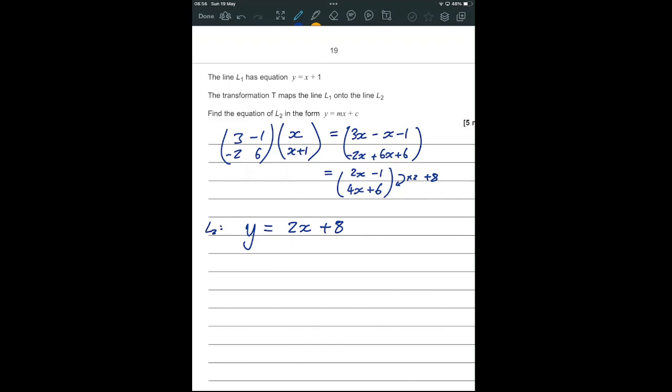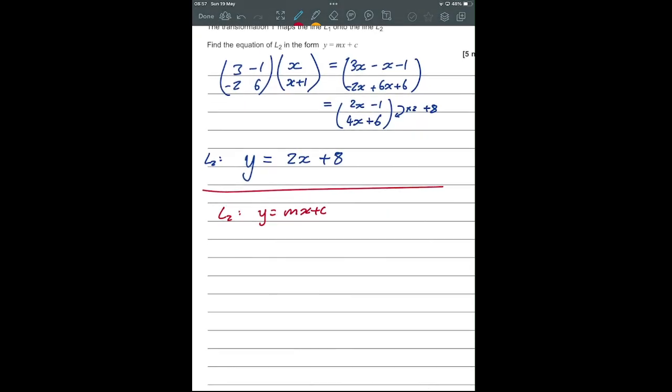Now that might seem a bit magical, and certainly for 5 marks I seem to have already got the answer. If you wanted to be a little bit more rigorous with this, you can call L2 y equals mx plus c. We know, well, I should really say new x and new y.